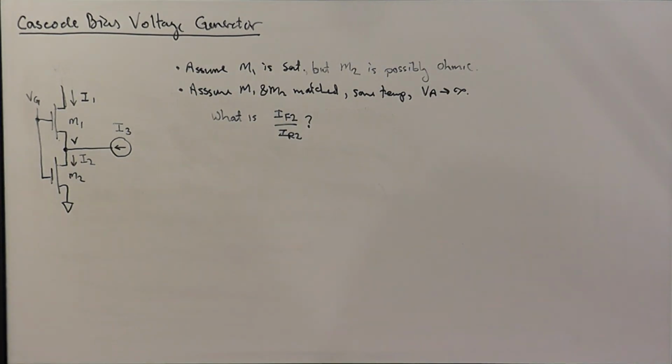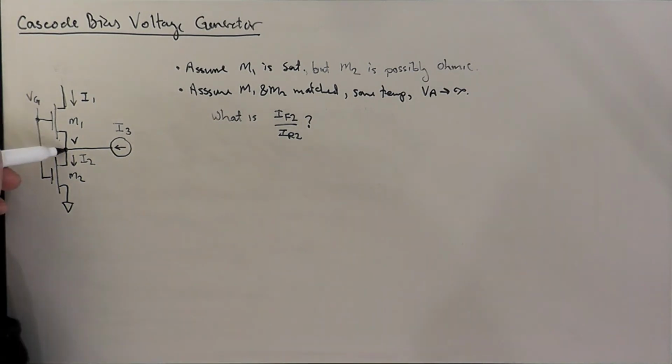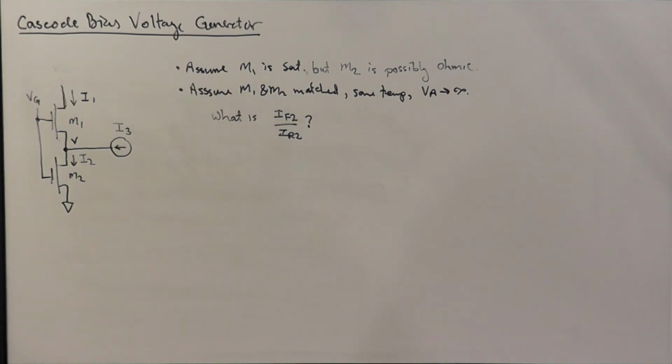If IF2 to IR2 is large compared to 1, then this voltage here, V, between the two transistors, is going to be close to the saturation voltage, VDS sat 1 above ground. Okay? That's the basic idea. So we want to figure out what this ratio is dependent upon in this particular configuration.